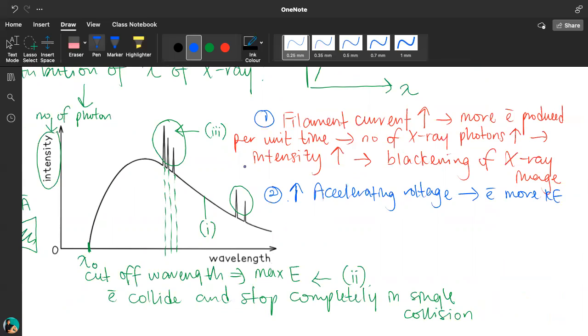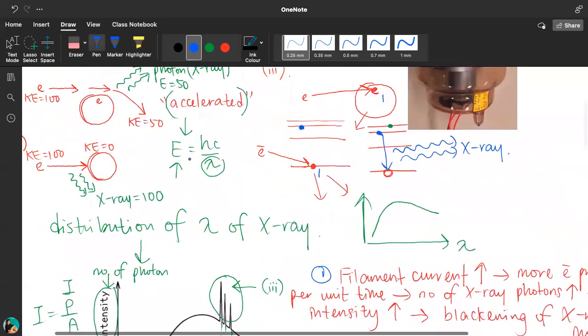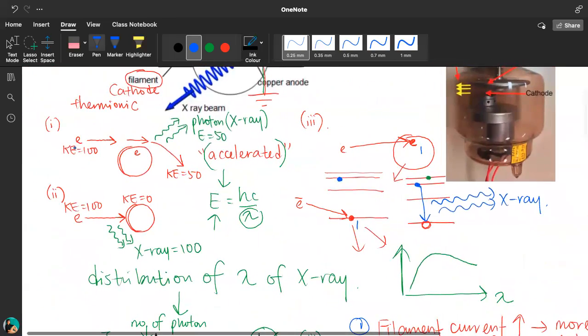When they have more kinetic energy, then they release more energy as the X-ray photon. If this one is 1000, minus this one, the energy you release as the photon is 950. So kinetic energy increases, it will increase the energy of the photon being produced.